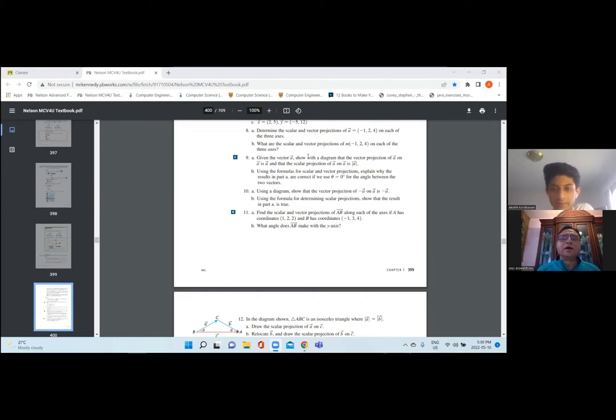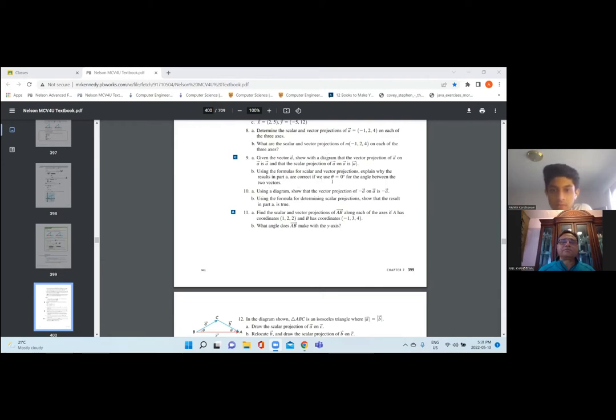It is the same thing, because the angle theta is 0, and cos of 0 is 1. Therefore you get the same thing, right? Correct. Next question.